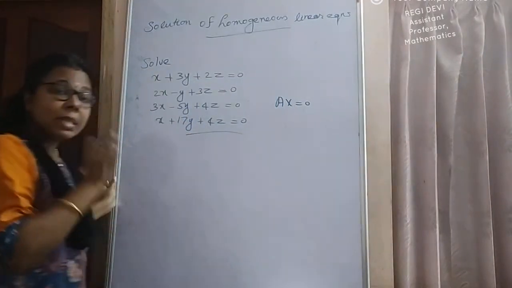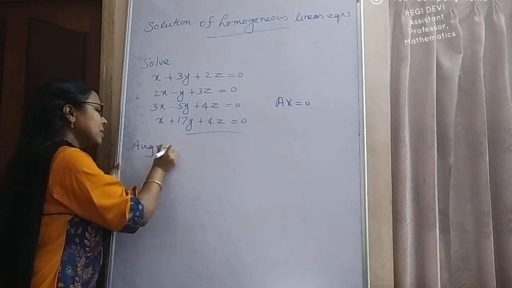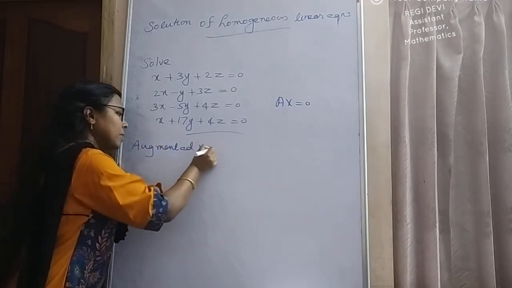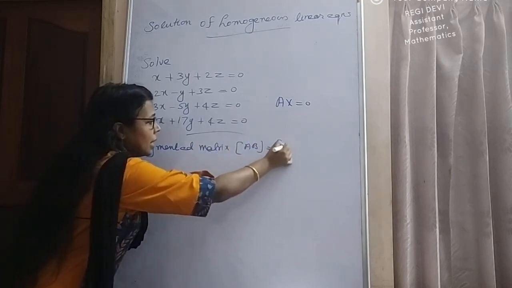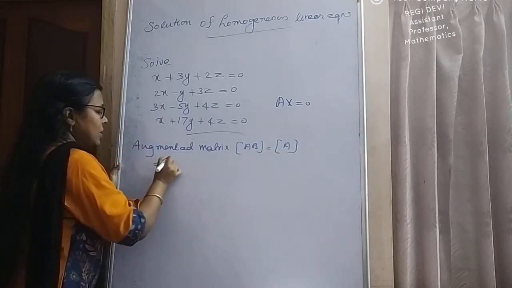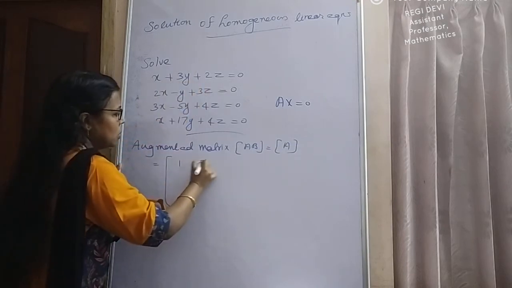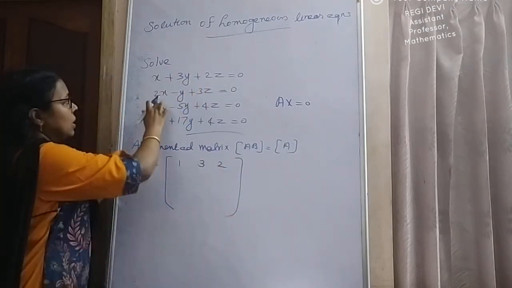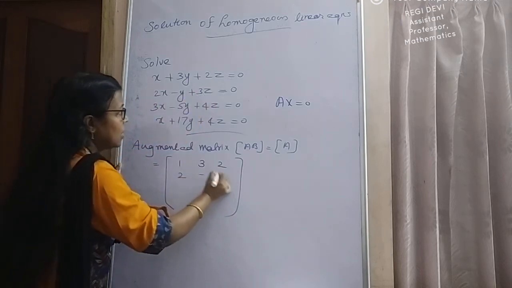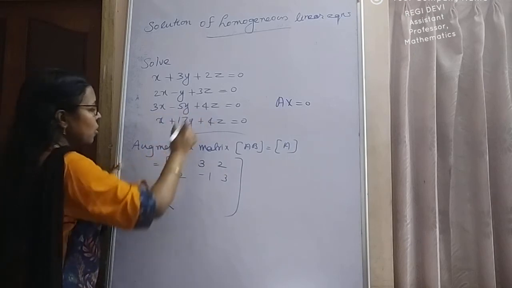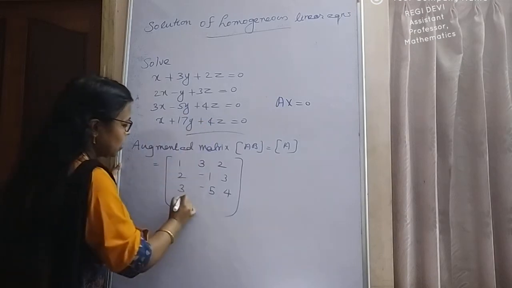Hence, the augmented matrix AB is the matrix A itself, which is the matrix with rows 1, 3, 2; second row 2, minus 1, 3; then 3, minus 5, 4; and 1, 17, 4.